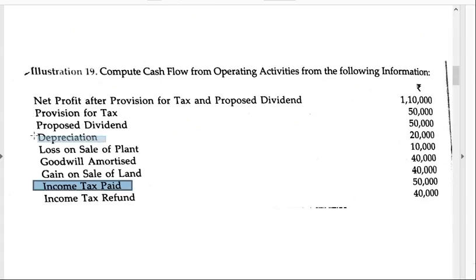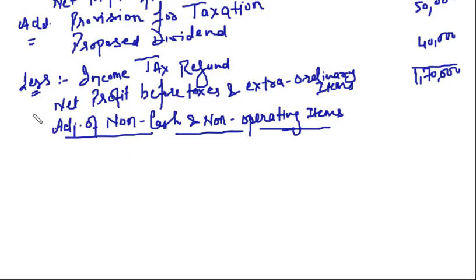Depreciation for the year is 20,000, right? So depreciation is a non-cash item because it does not involve the actual cash outflow. Depreciation, it is 20,000.